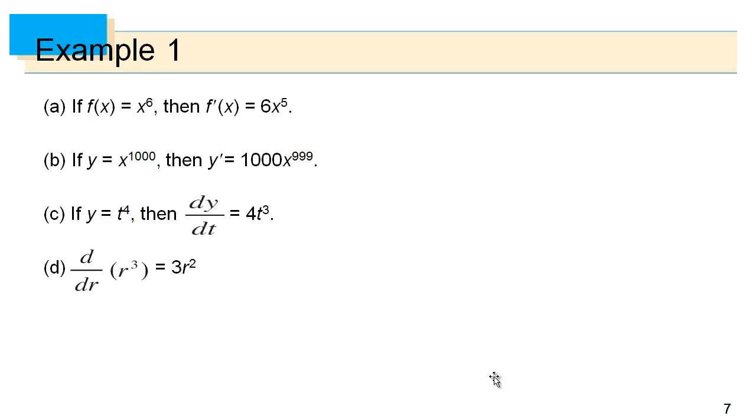And of course, the derivative of r cubed. Just please be aware that when you're taking the derivative of t to the fourth, you have to be taking dy dt, which means you're taking the derivative of y with respect to t, because if you were taking it with respect to x, this wouldn't change because it's not an x and it's not changing. It's how fast is the function changing with respect to a change in x.